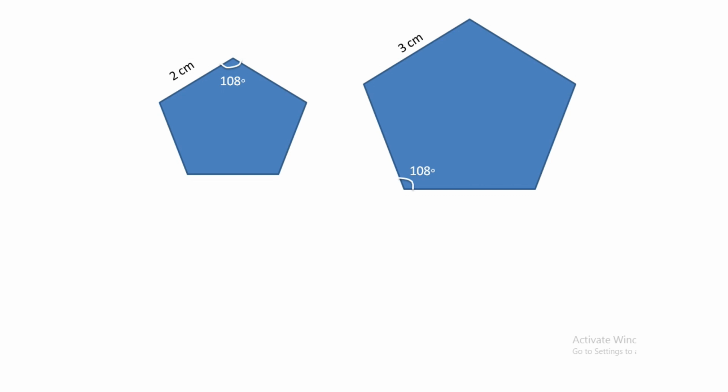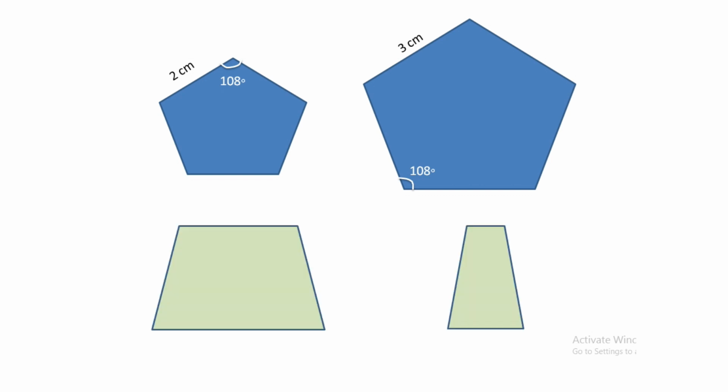Well, I've got two trapezoids also. What do you think? Are they similar in shape? Not exactly. I don't think they are similar because they do not look similar to me. This does not look like an enlarged version. This looks like a completely different trapezoid.